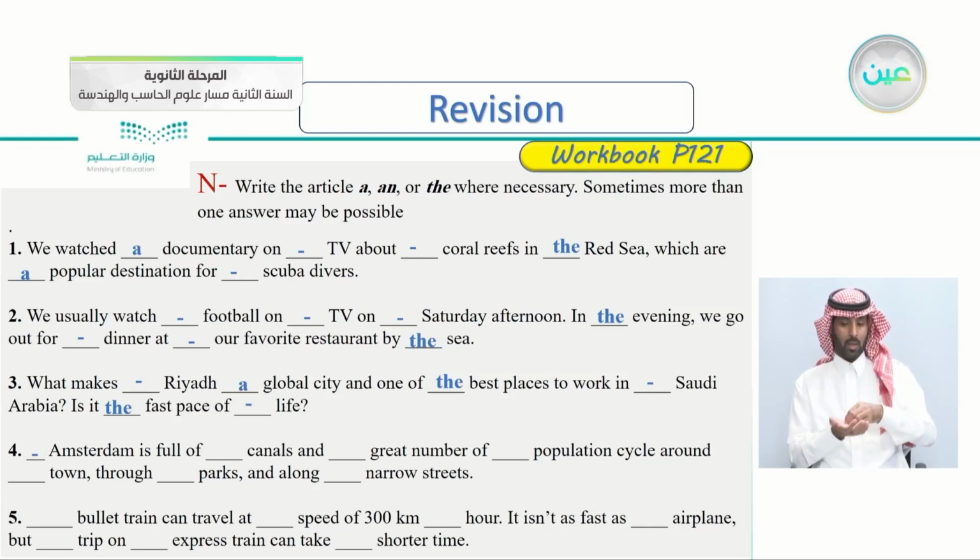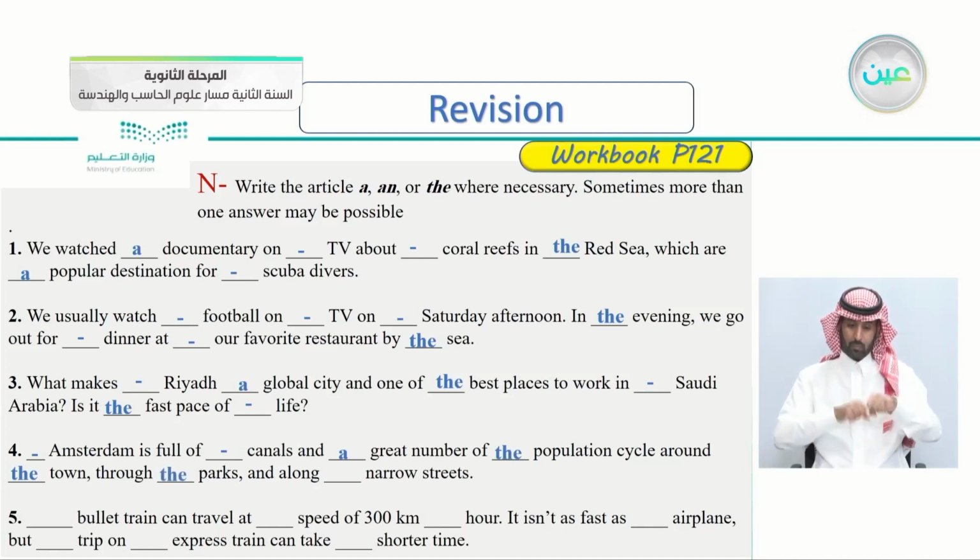Amsterdam is full of canals and, yes, a great number of the population cycle around, yes, the town through, excellent, through the parks and along the narrow streets. Yes, and along the narrow streets because they are the streets of Amsterdam.